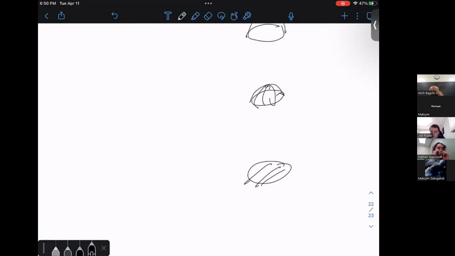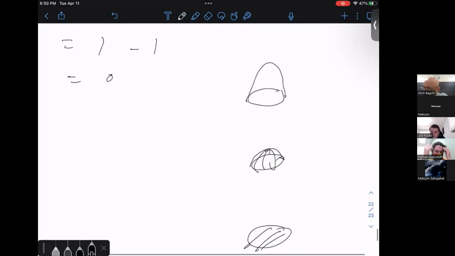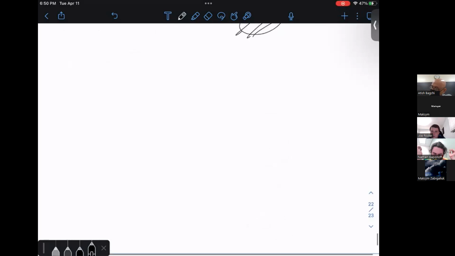I just wanted to say that there are, I have to write here. So we proved something like this. The integral of beta over the boundary is the surface integral of curl of beta.